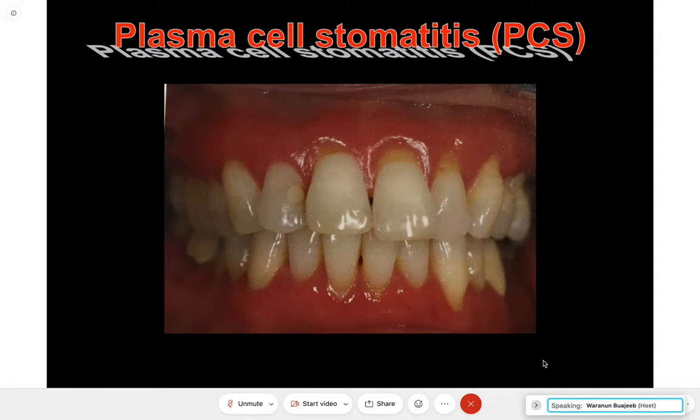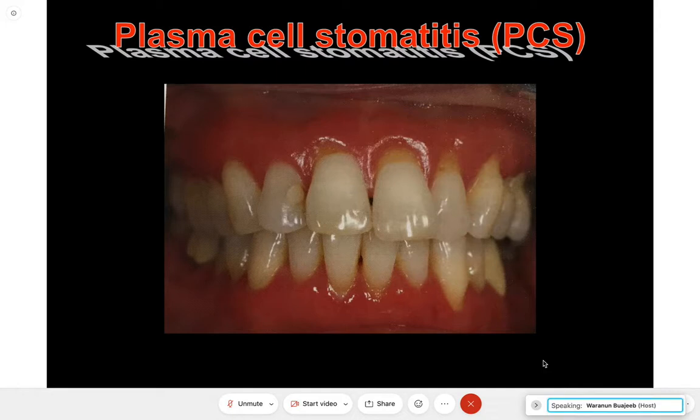So from the clinical appearance, it seems to be plasma cell stomatitis, because these are typical clinical features of plasma cell gingivitis.